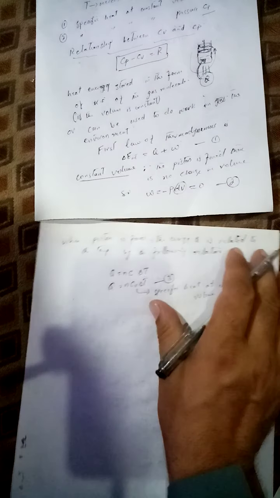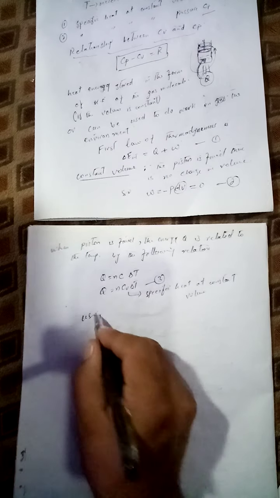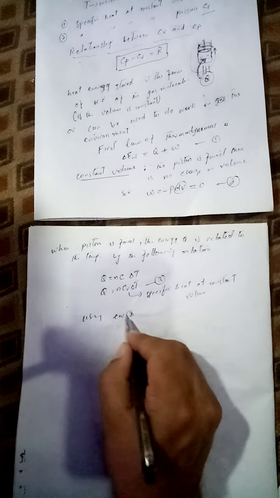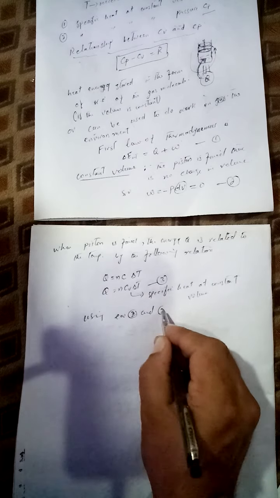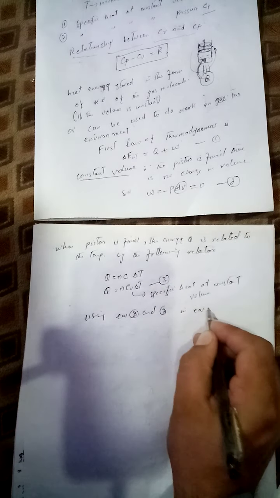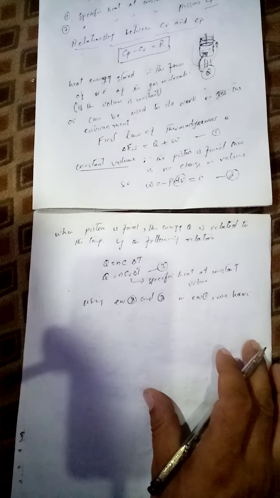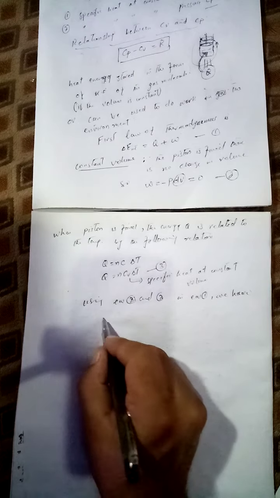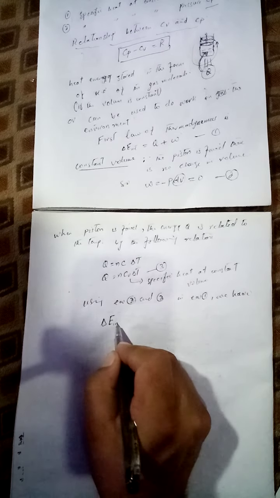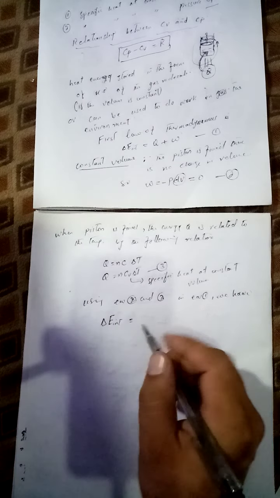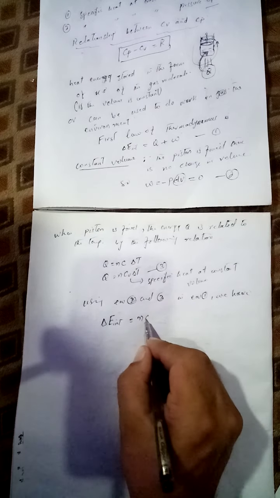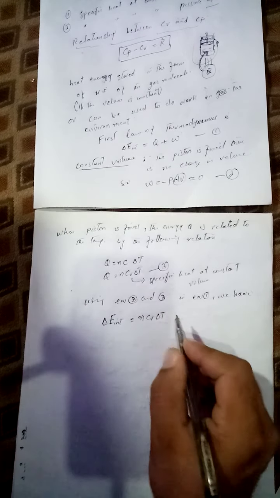Now using equations 2 and 3 in equation 1, change in internal energy delta E internal will be equal to Q, which is nCv delta T, plus work done, which is 0.